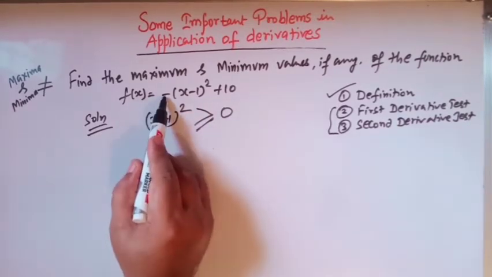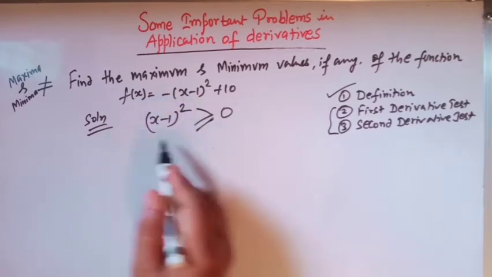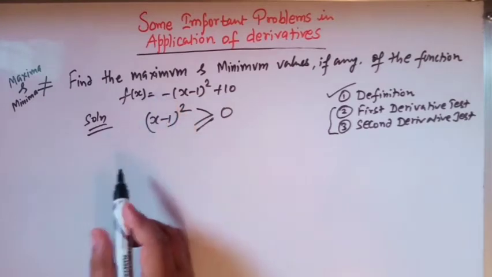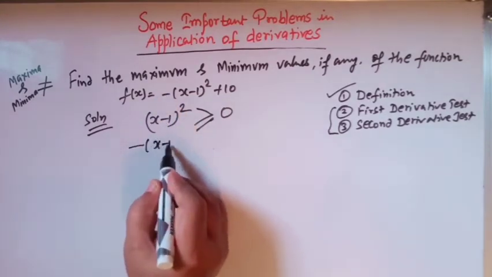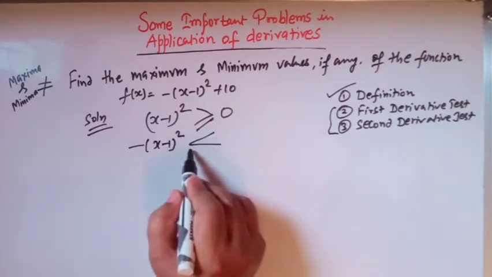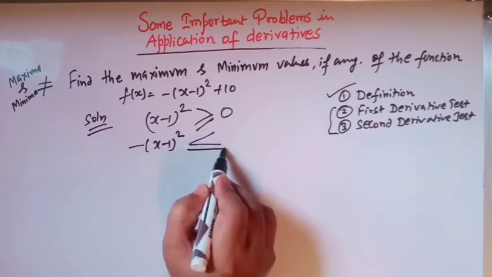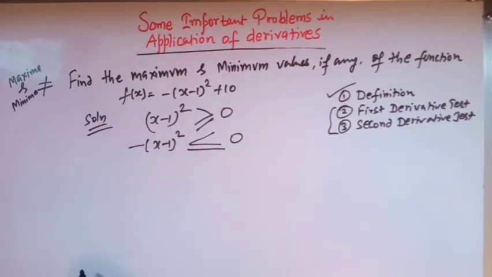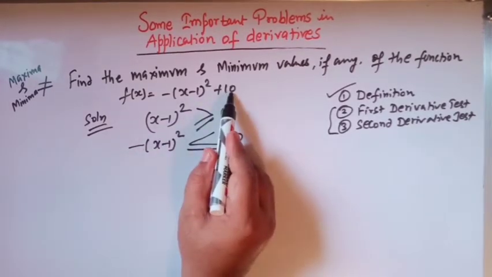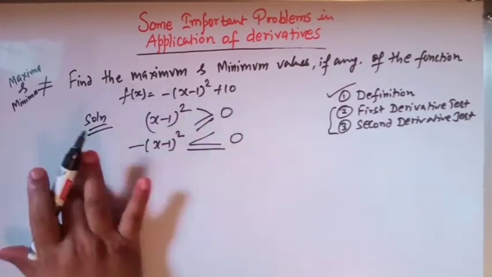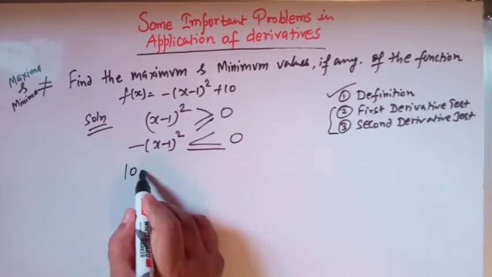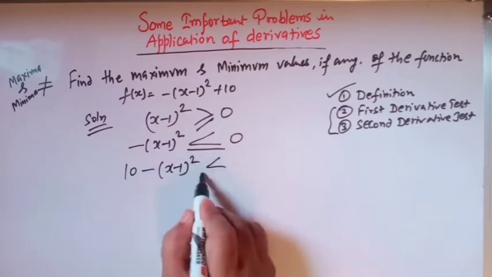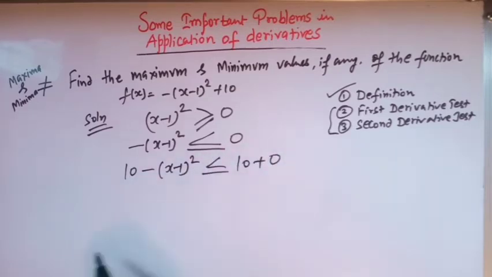Now here we have a minus sign, so let us multiply both sides by minus. So we have minus of x minus 1 square, and the sign of this inequality gets reversed, right? Now here we have 10, so we'll add 10 to both sides. So we have 10 minus x minus 1 square, and here we have 10 plus 0, right?